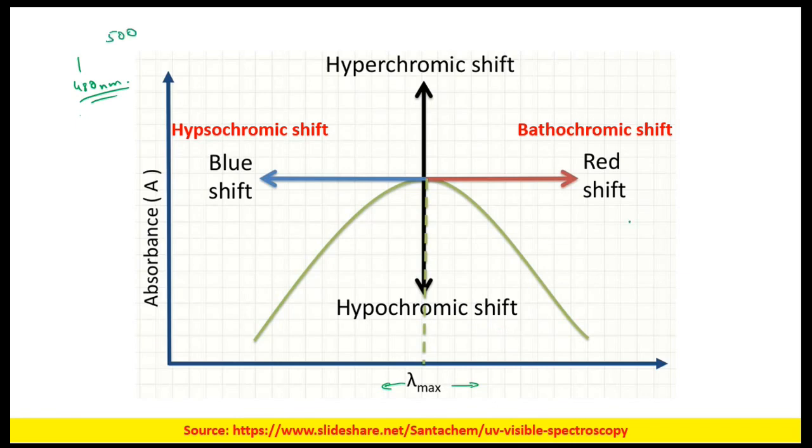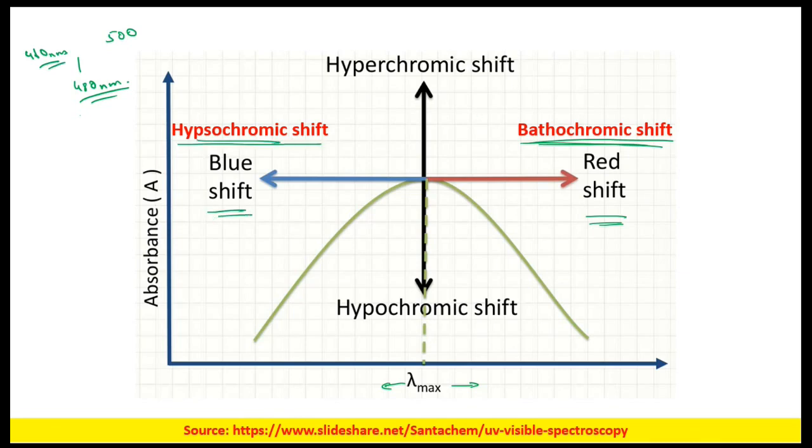Then it is moving towards a higher wavelength, and it is called red shift or bathochromic shift. If it is moving towards the lower side, say 460 nanometer, then it is called hypsochromic shift or blue shift.